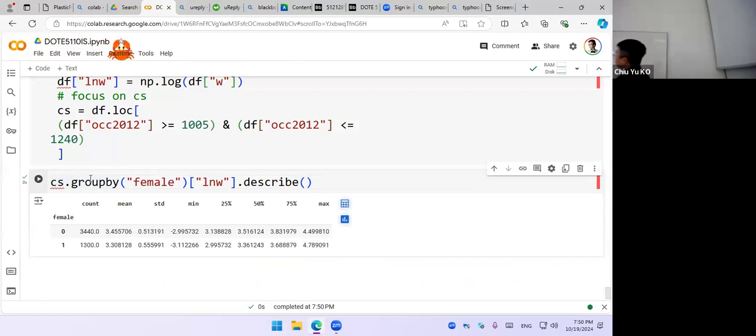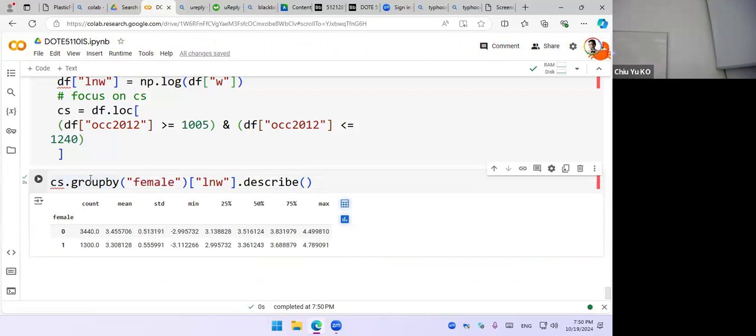Look at this, and see in terms of log, men and women are different in terms of number, but these are much closer. The quantitative log.